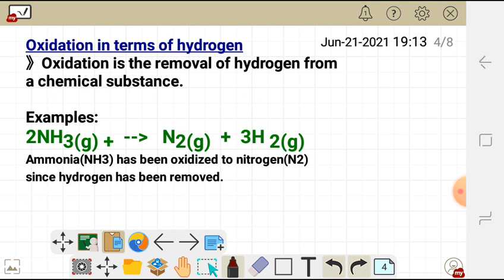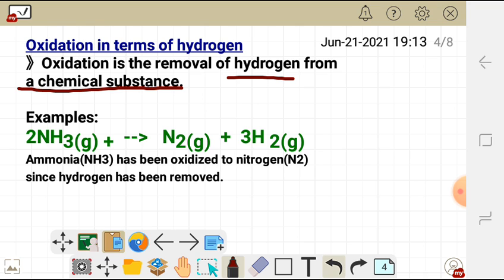Okay, so let's also look at oxidation in terms of hydrogen. Oxidation in terms of hydrogen is the removal of hydrogen from a chemical substance. In the first place, we said oxidation in terms of oxygen is the addition of oxygen, but here we are saying the removal of hydrogen.